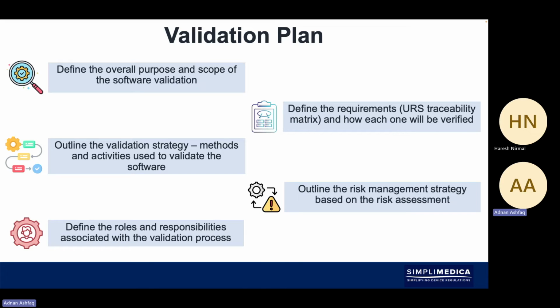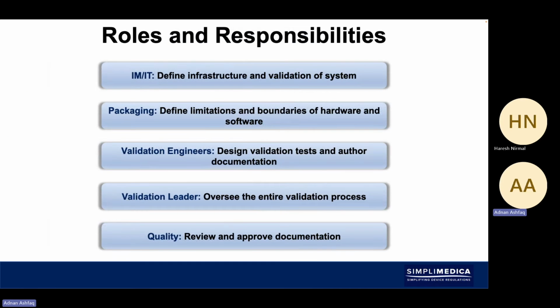You would outline the risk assessment strategy, define roles and responsibilities. So when you're doing roles and responsibilities, you might have an IT function, packaging, validation engineers, a validation leader, and quality would be involved, and these are the different functionalities and purpose of what would be taking place.